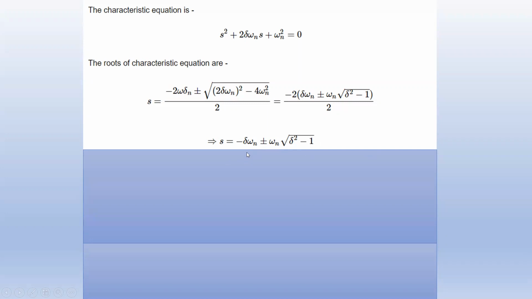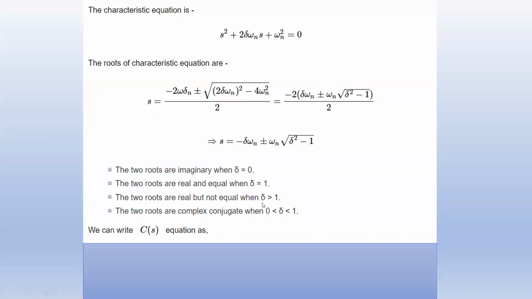So the roots will be of complex type. If delta is equal to 1, the square root term is eliminated, and we have minus delta omega n, which is a repeated root for this quadratic equation.